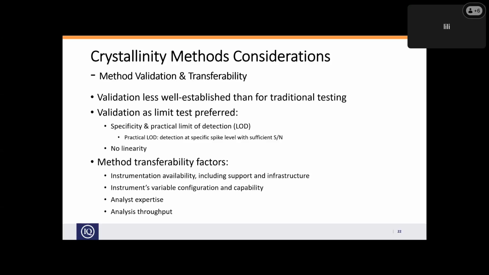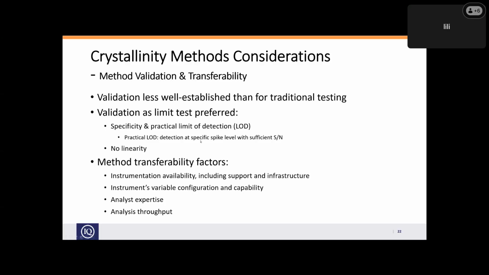A lot of times, as we mentioned a little bit earlier as well, industry often adopts a limit test approach for crystallinity methods. For such a limit test, the validation may focus on the specificity and a practical limit of detection validation.